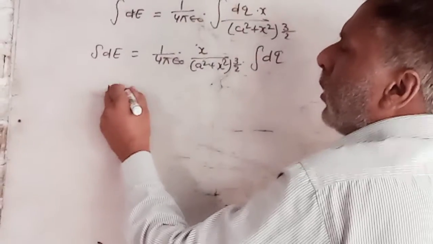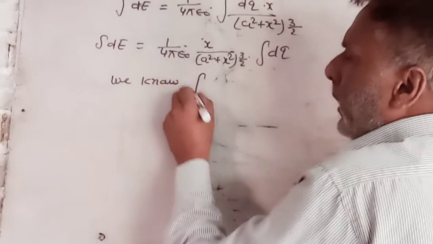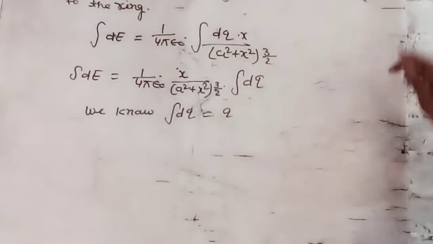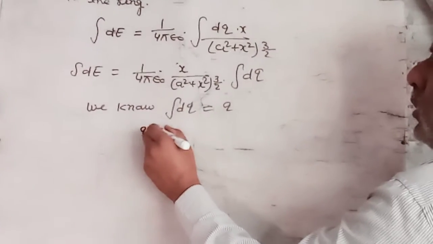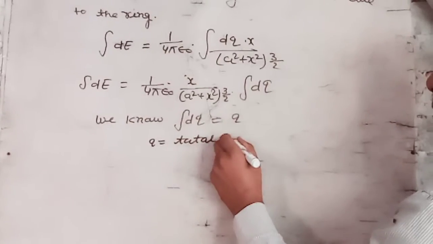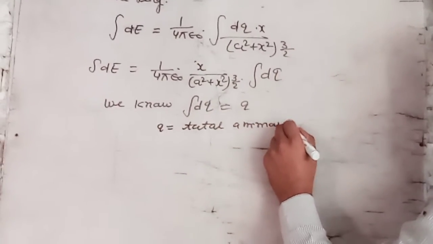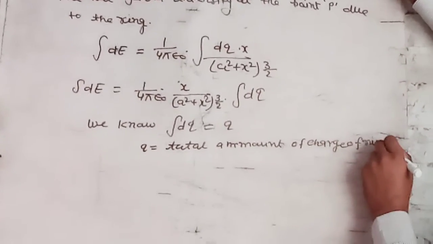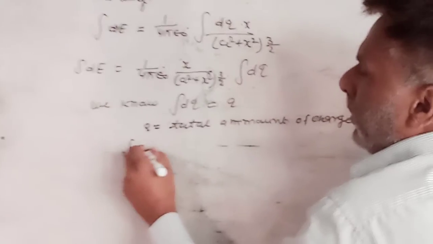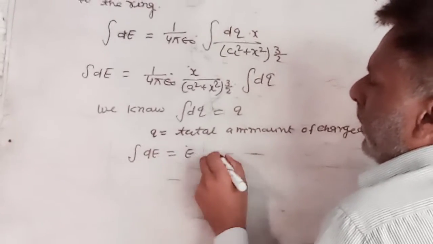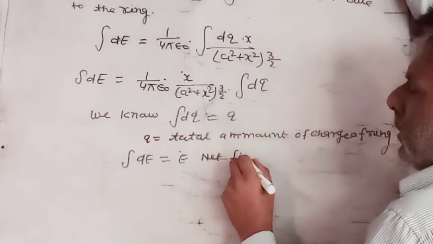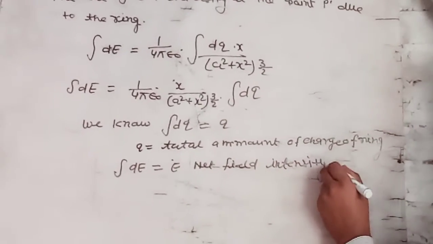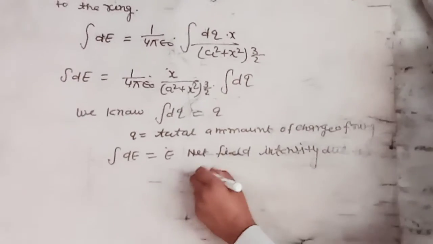We know integration dq is equal to Q, where Q is the total amount of charge on the ring, and integration dE is equal to E, the net field intensity due to the total ring.